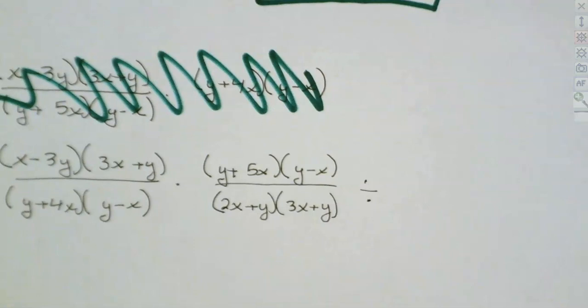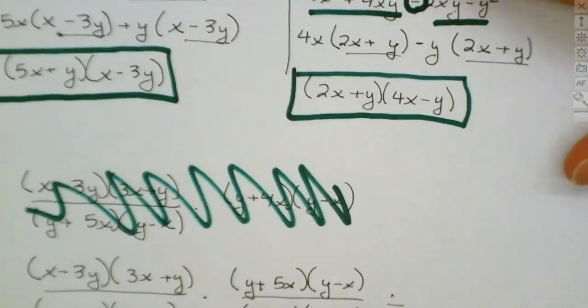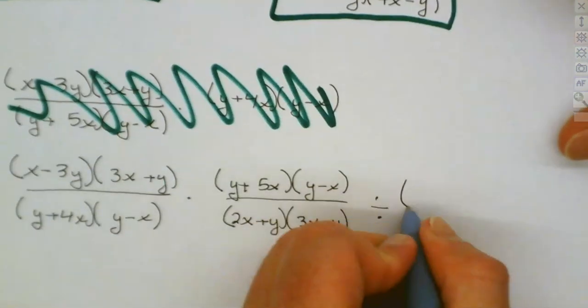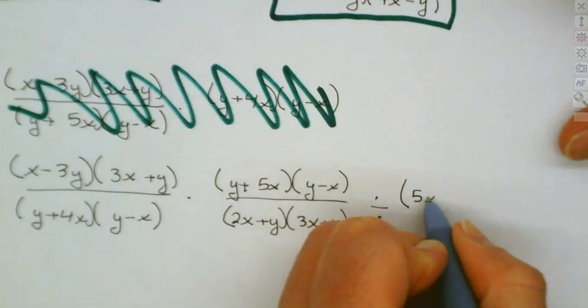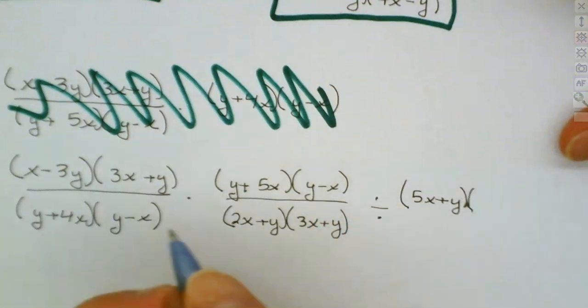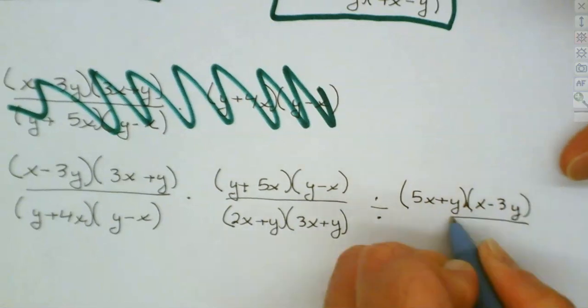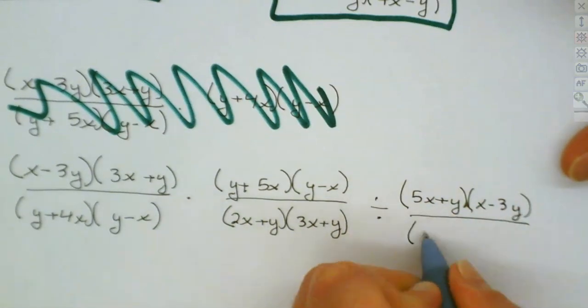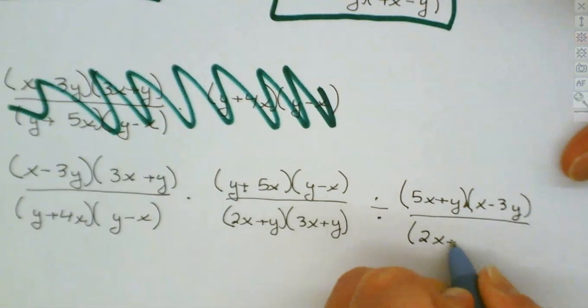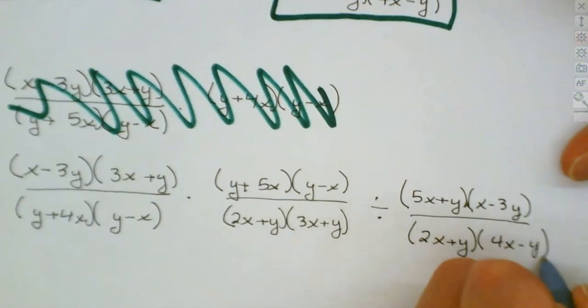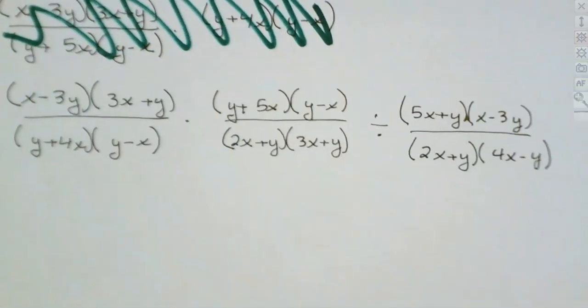The last one factored into this up here. So we'll rewrite that. So 5x plus y, x minus 3y over 2x plus y, 4x minus y. Now, everything has been factored.